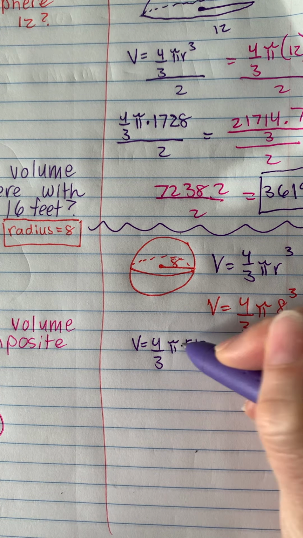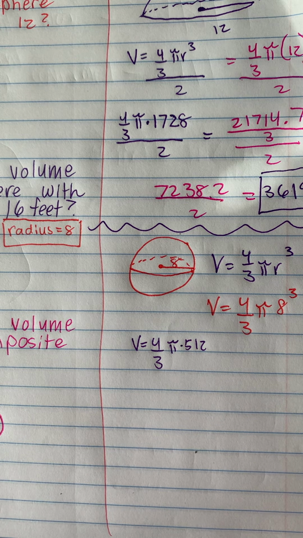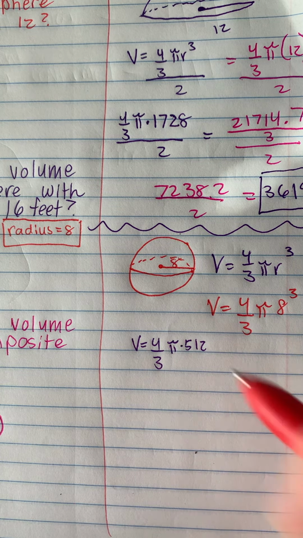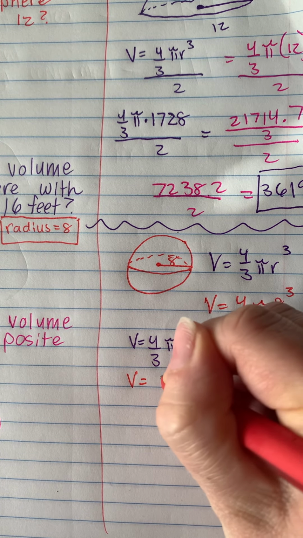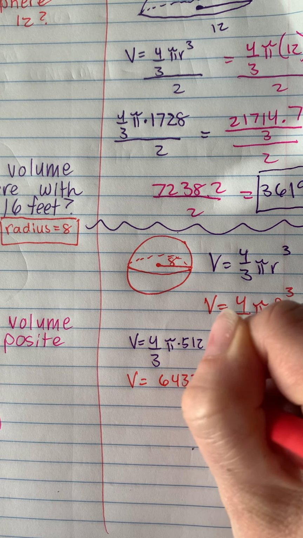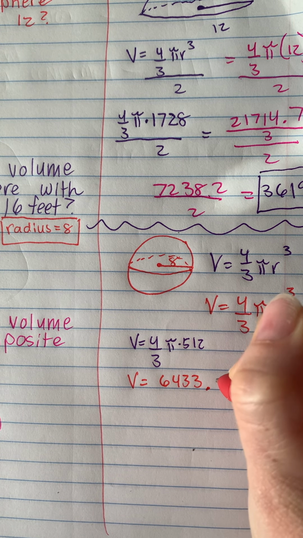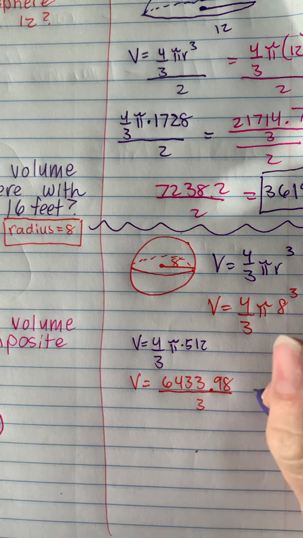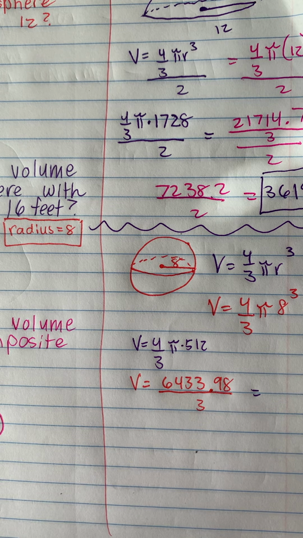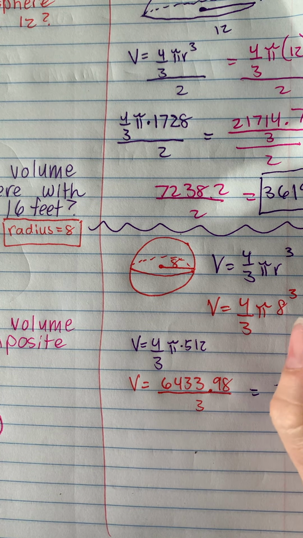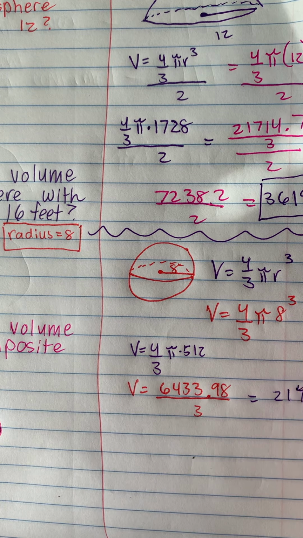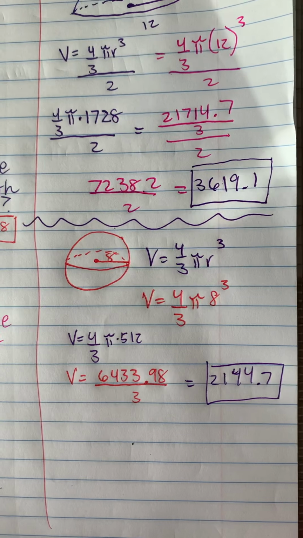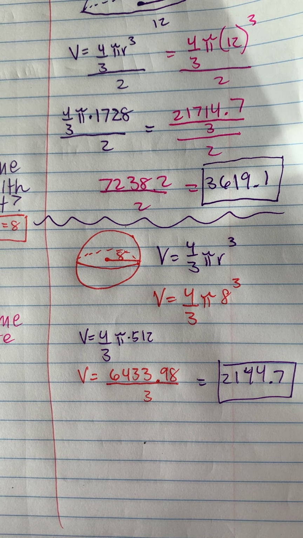So I'm going to do 4 times pi times 512, and that gives me 6,433.98, and that whole thing gets divided by 3. And when I divide it by 3, I get 2,144.7. So that was the answer to the Edpuzzle questions.